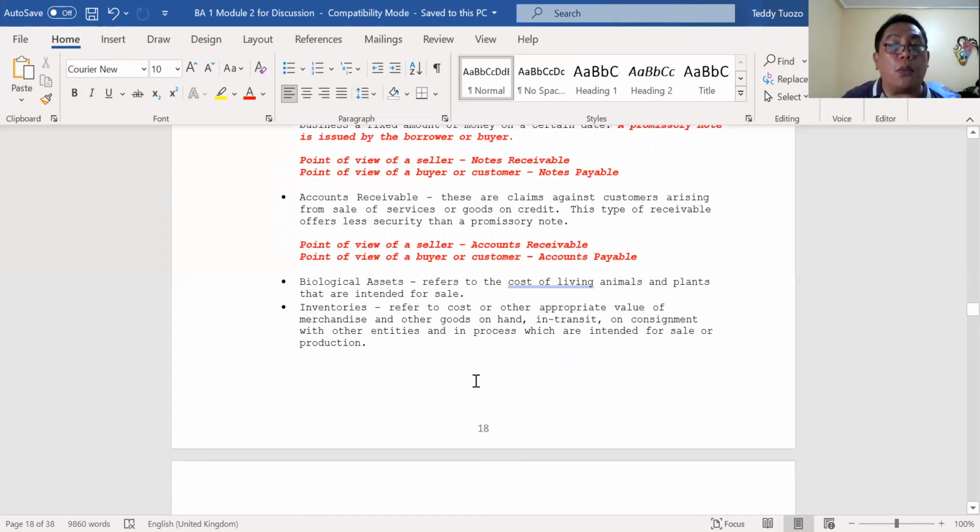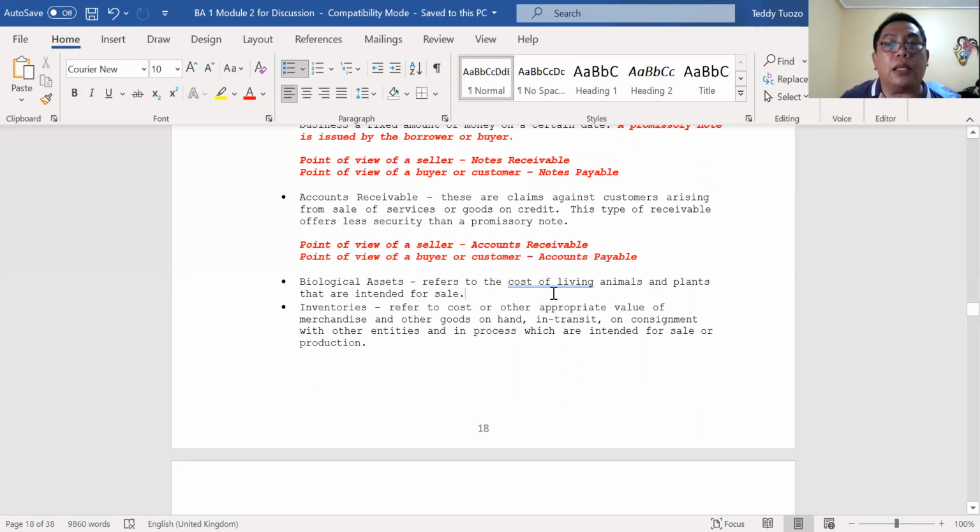So take note that what we are discussing are part of the assets, and they are part of the current assets. When we say current assets, that they are receivable, or its usefulness or collectibility is within 1 year or less than 1 year. But when it is more than 1 year, then it is already non-current assets.